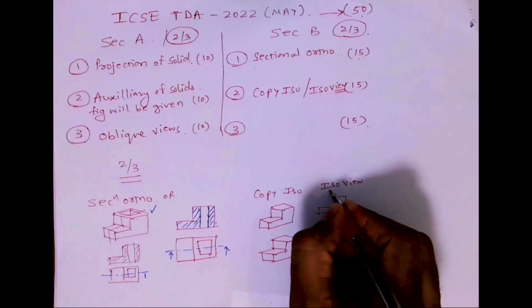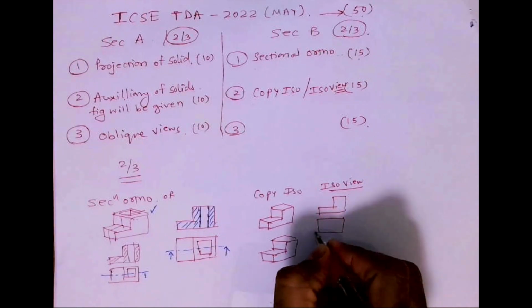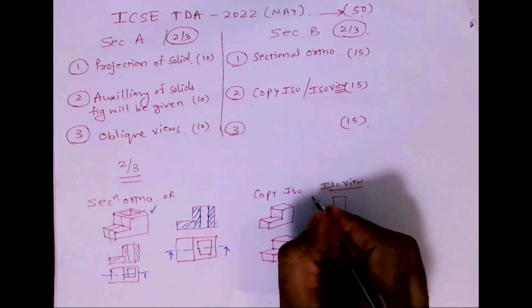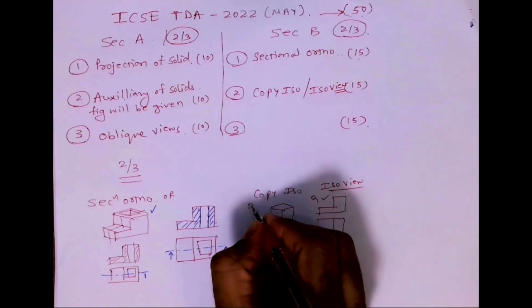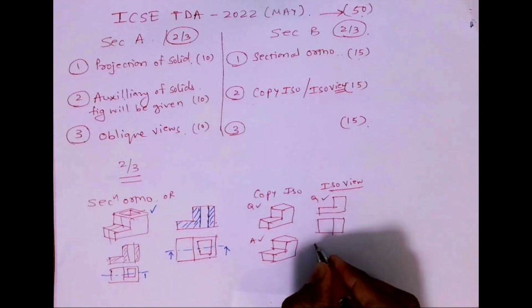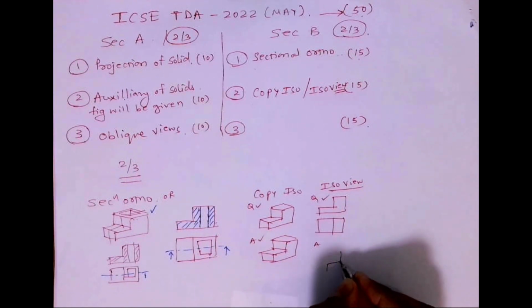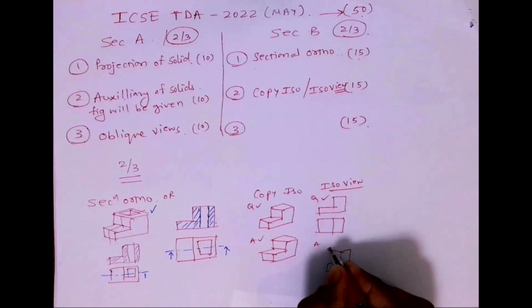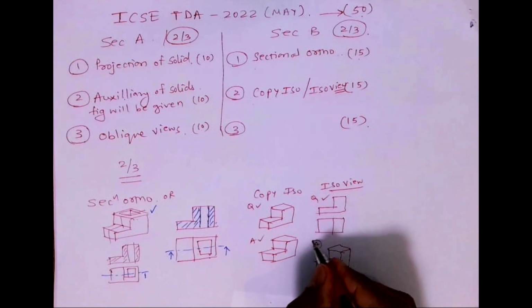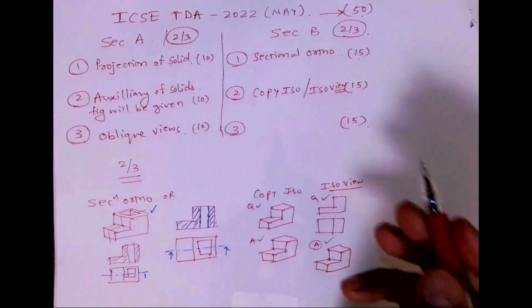And the second type, isometric view, they'll give you 2 views and you have to draw the 3D figure. This is the question, this is the answer. The answer would be this way, but we have to refer to the 2D diagram. So this is isometric view and the earlier one is copy isometric.